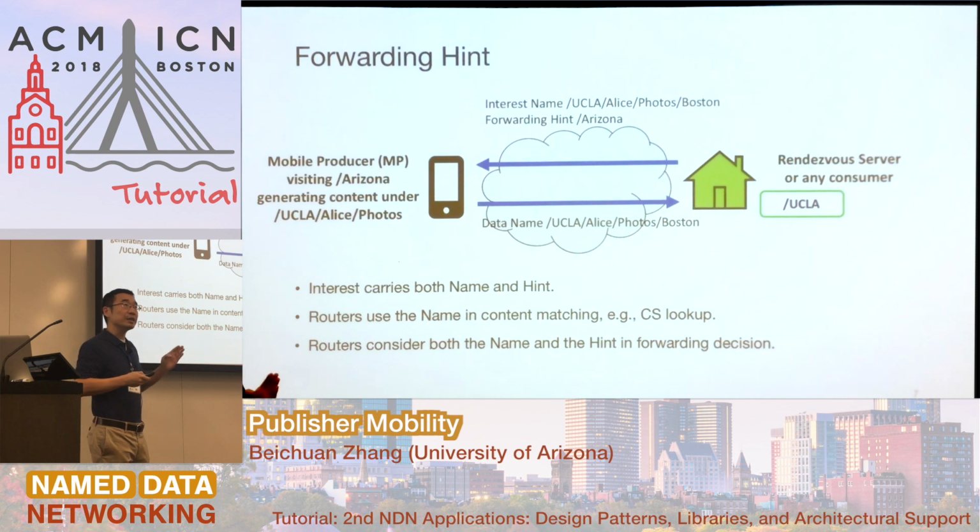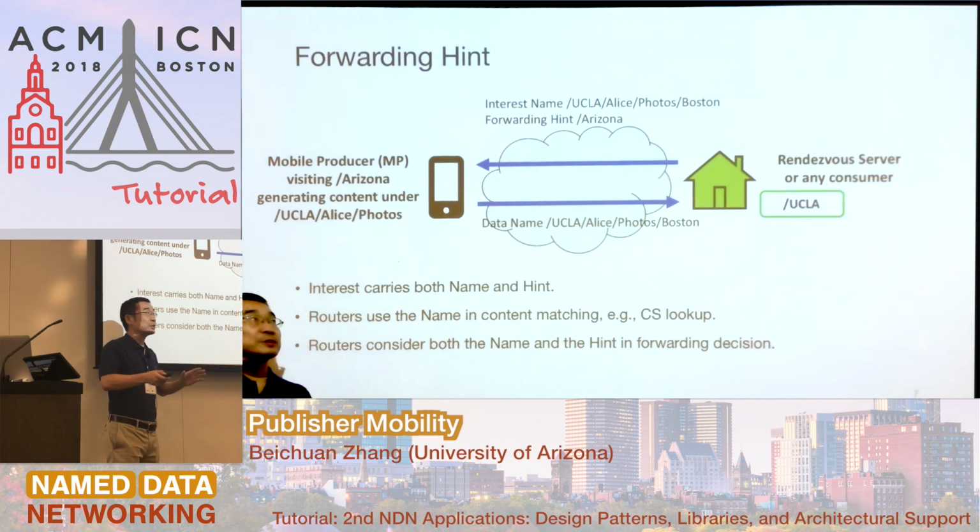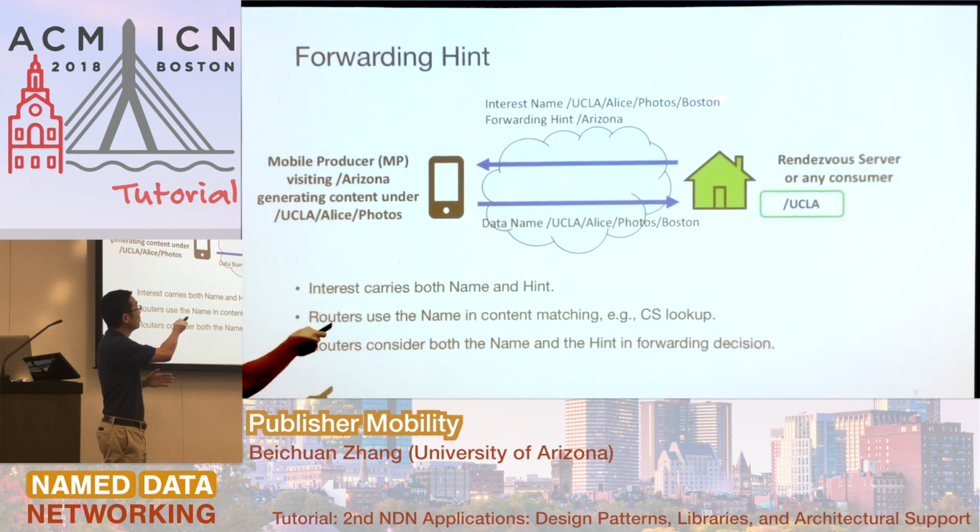If it actually has a local source for this photos prefix, it can forward based on this name if it has a route towards it. But if it doesn't have a route, which is the common case, where you only have a route for this aggregated high-level prefix and not a specific route for this, in that case you forward based on the forwarding hint.